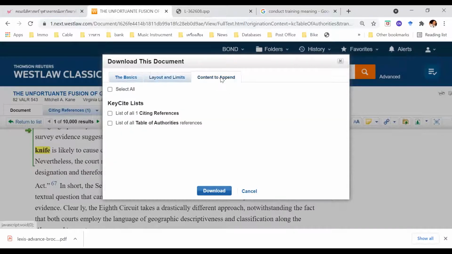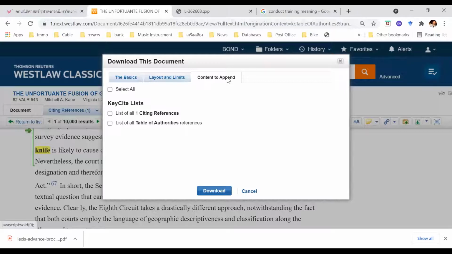Or content too. Remember that it may bring you to the primary source that is mentioned in these articles, or even the documents that cite this article.